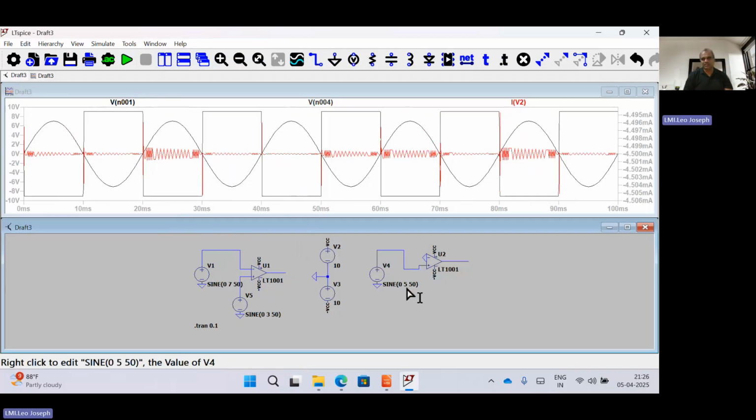So here what happened? +5 volt is greater than 0. So initially what will be the answer? Plus V saturation. When it goes negative, automatically the flipping will happen. Here initially I have given 0. But I am giving 7 volts here. So 7 volts has the majority at the negative terminal. So initially what will be the voltage? Minus V saturation.